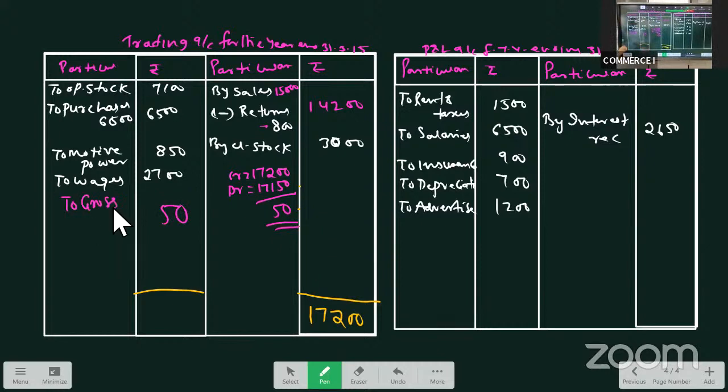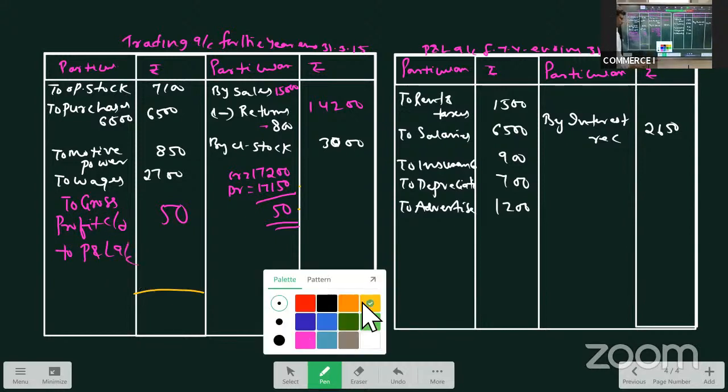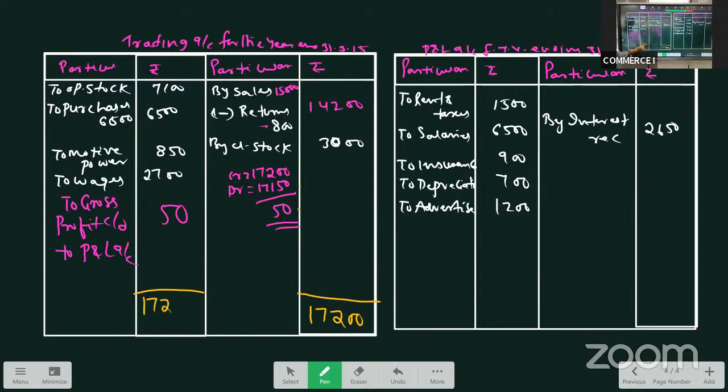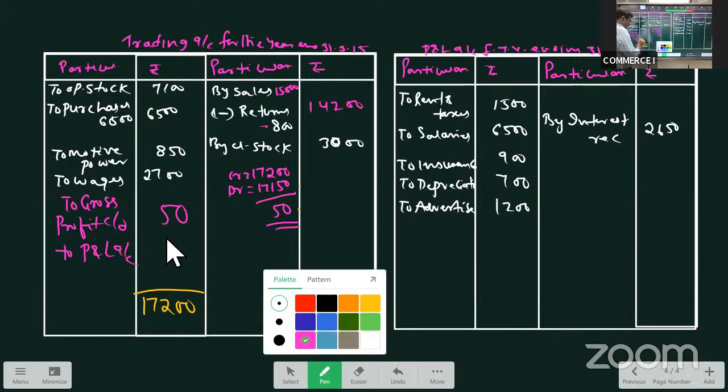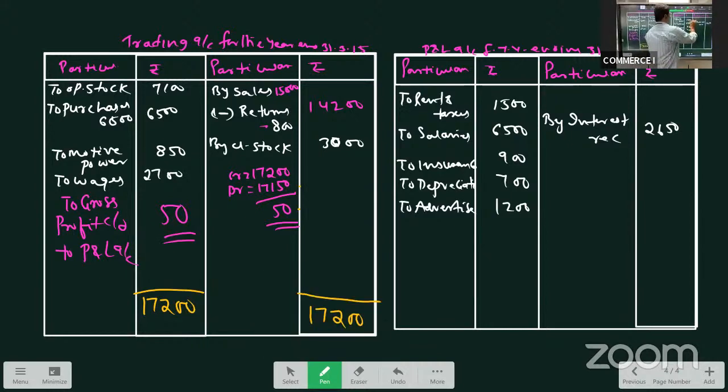This is gross profit carried down to P&L account. Right? Next, this gross profit will be carried forward in our profit and loss account by gross profit brought down 50.